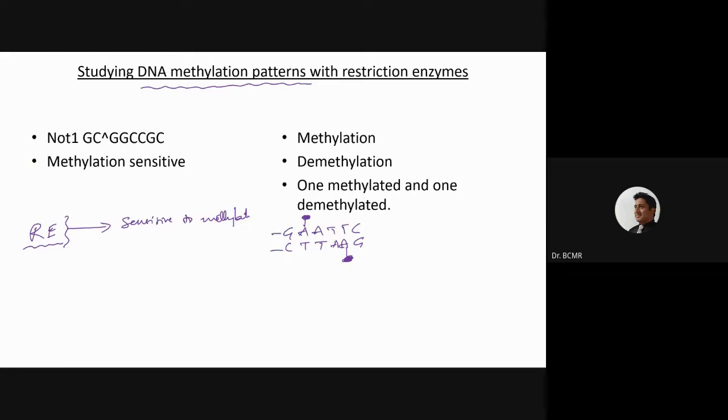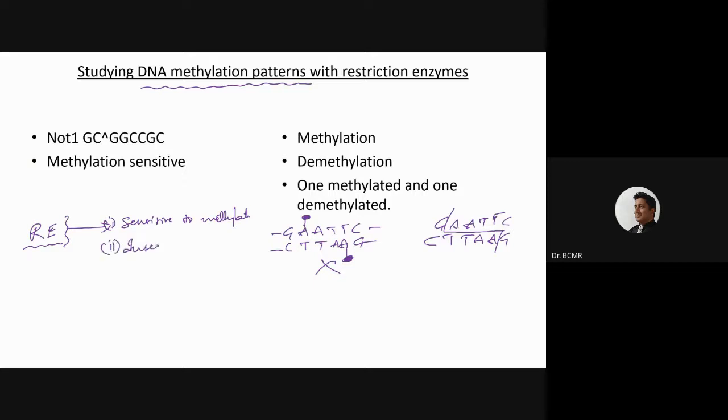This is a restriction site for EcoR1, and it cannot cleave it. But if there is a sequence which is not methylated, then it can cleave it like this. Those we can refer to as sensitive to methylation.